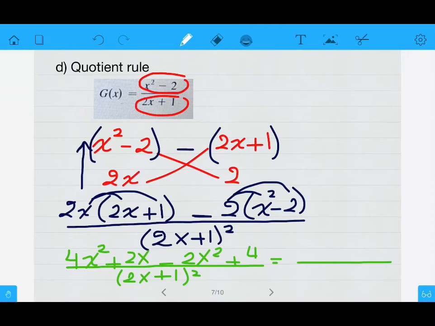We have the same denominator, 2x plus 1 squared. Here we have 4x squared minus 2x squared, we have 2x squared. Plus 2x, we keep it the same, and plus 4.